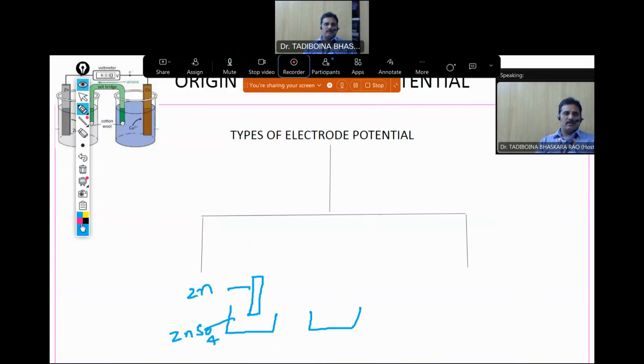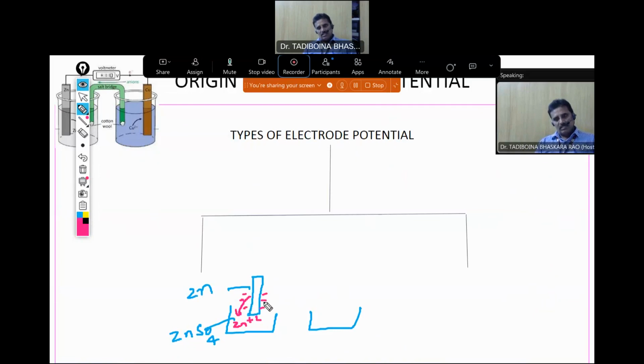So then what will happen? First of all, a potential will be developed. Zinc is dissolving and zinc plus 2 ions formation will take place. And the electrons will be present on the surface of the electrode only. They are left on the surface of the electrode.